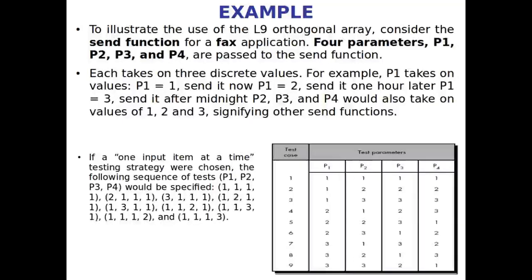An L9 orthogonal array for the fax send function is illustrated here in the table as shown here. So here it detects and isolates all single mode faults. It also detects all double fault modes and multi-mode faults.